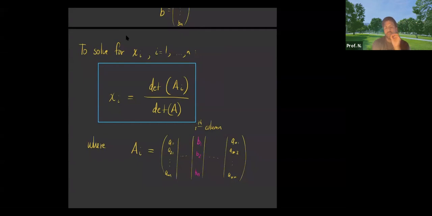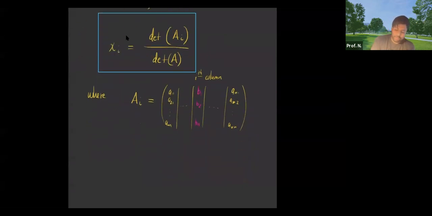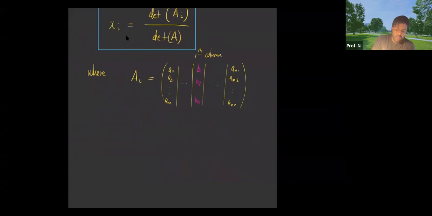You're just interested in finding one particular specific value for one of the solutions. Then you apply the determinant of that particular matrix, replacing the ith column, divided by the determinant of A. And that's Cramer's rule. So this is another way to solve a system of equations. In a sense, it's more of an iterative fashion.